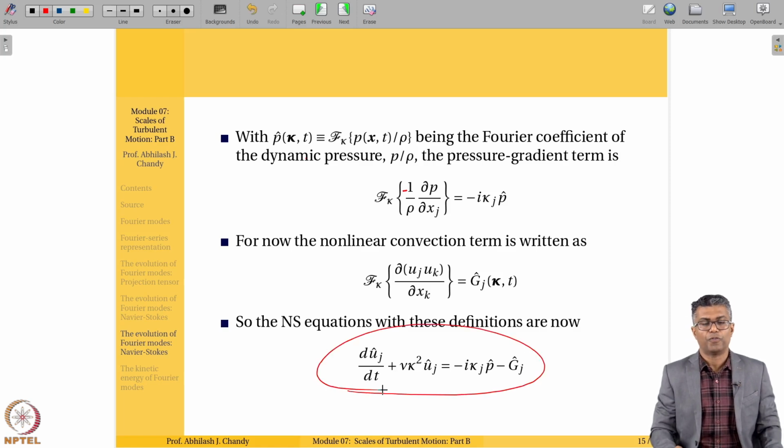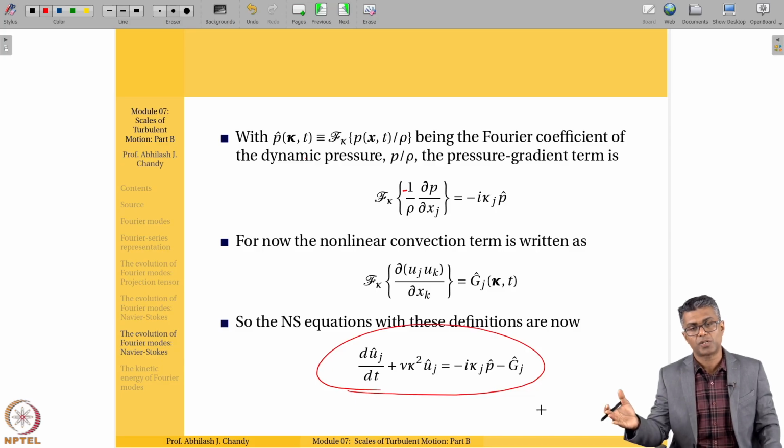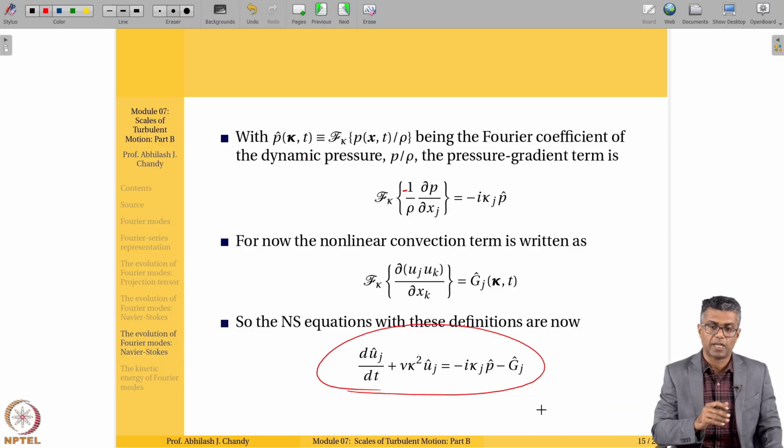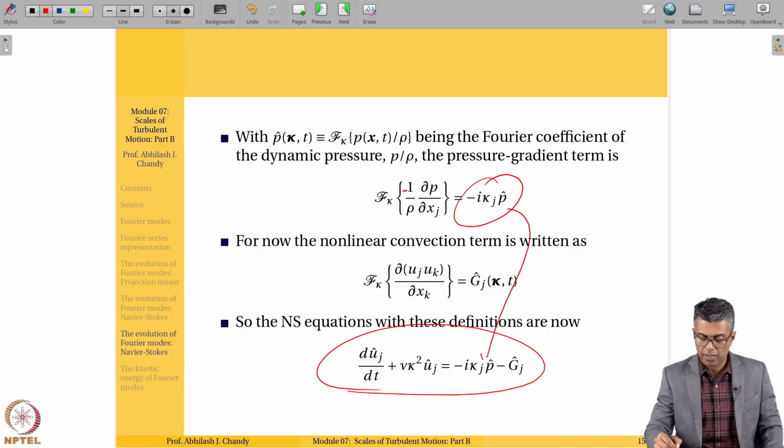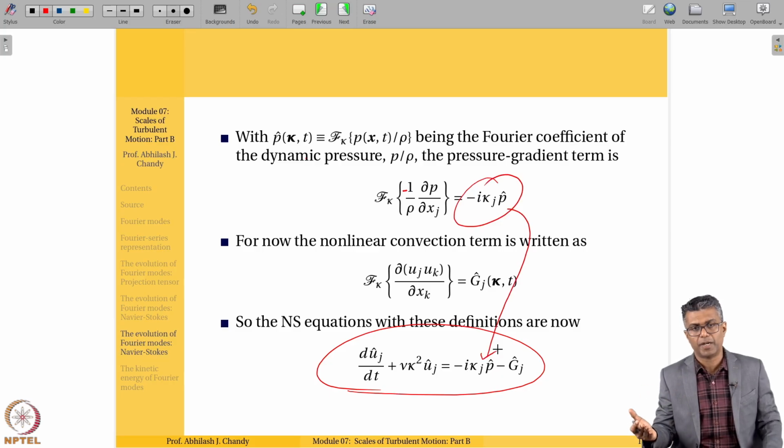d dt of uj hat plus nu k squared, because the minus nu kappa squared came onto the left hand side and became nu kappa squared. The pressure gradient term is this one here, because it had a negative value, right? Minus 1 over rho del p del xj.